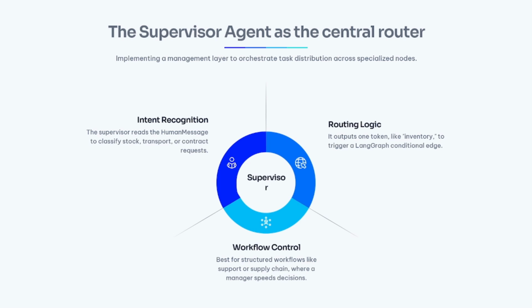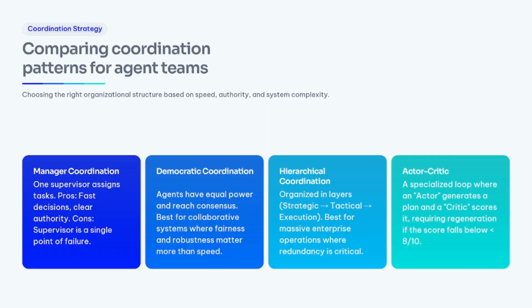Or you must design for intent recognition, routing logic, and workflow control. All this logic must be properly designed. Then comparison of coordination patterns for agent teams. So, manager coordination. The manager agent supervises all the work, all the tasks, all the tools, and everything goes through the manager agent.